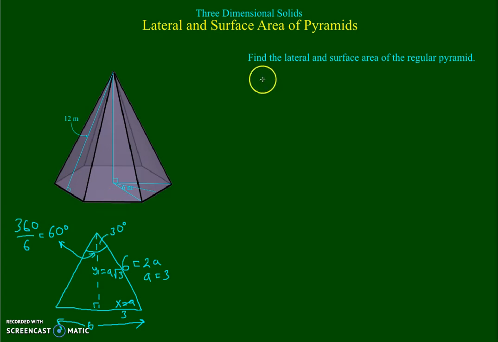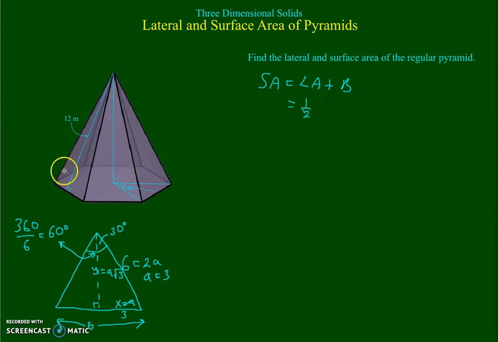Now that we have our background information taken care of, let's go ahead and start with our formulas. We have surface area is equal to lateral area plus area of the base. And we know that lateral area is going to be 1/2 base.